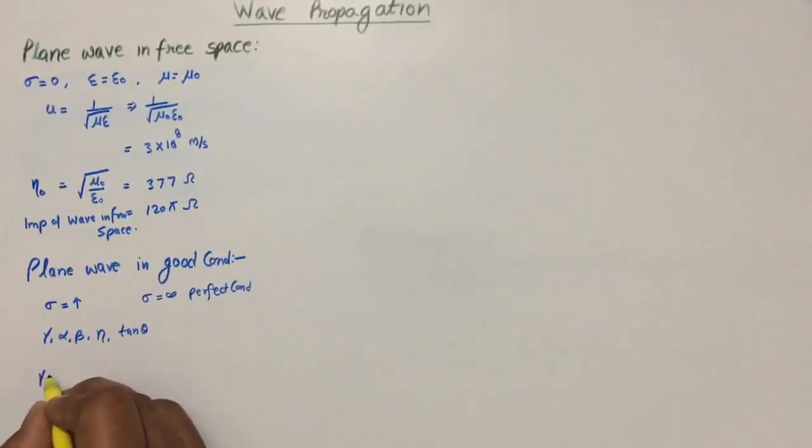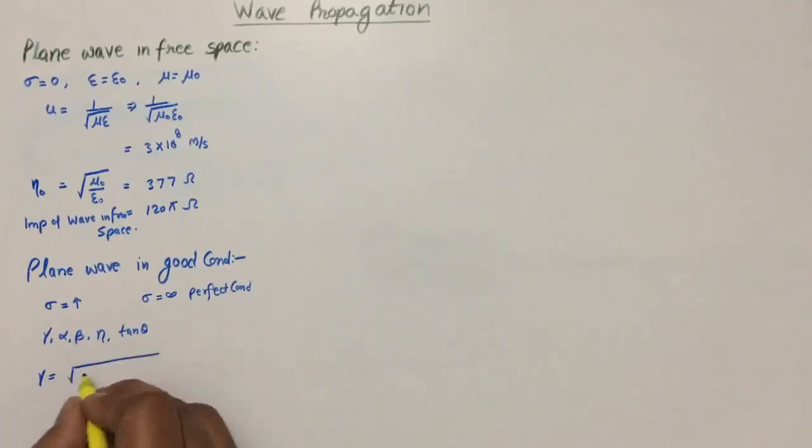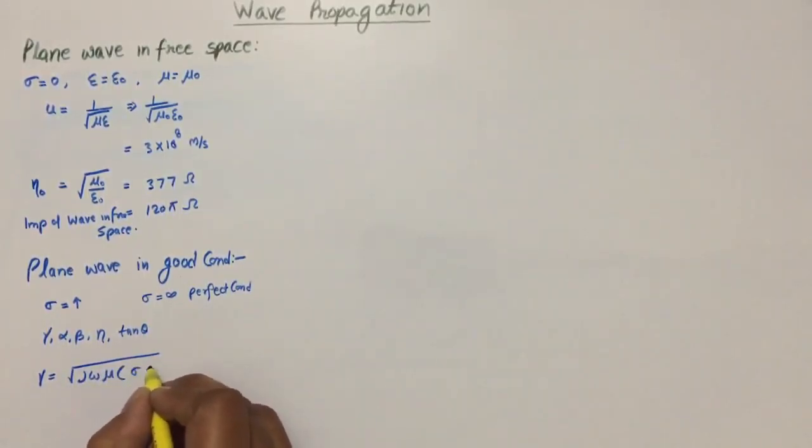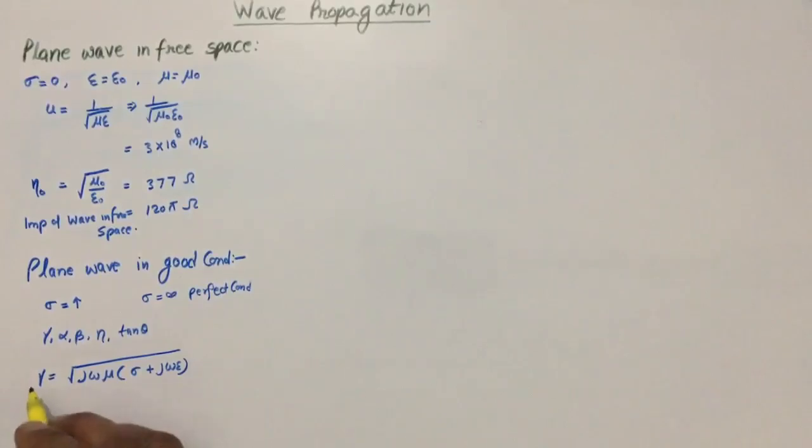The general formula for the propagation constant, without considering a good conductor, is gamma equals root of j omega mu times (sigma plus, I think it was, j omega epsilon). This was the formula to find the propagation constant.